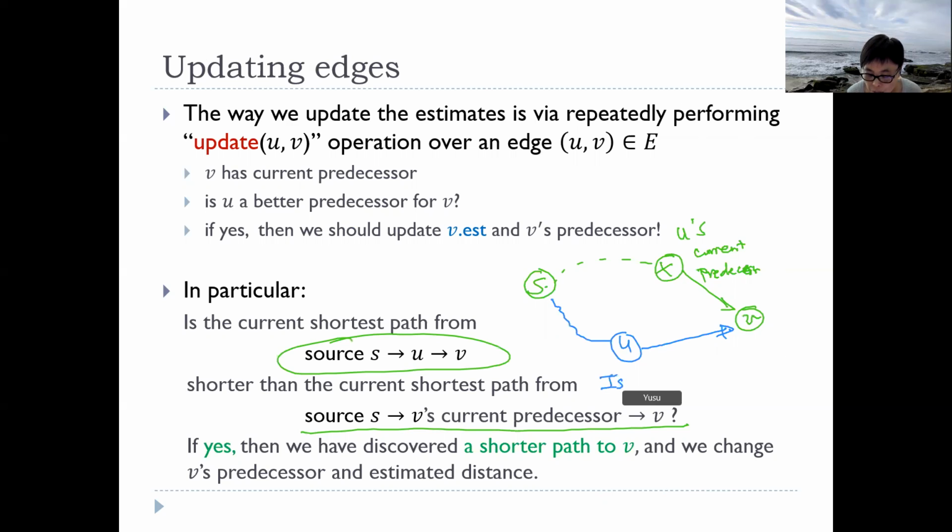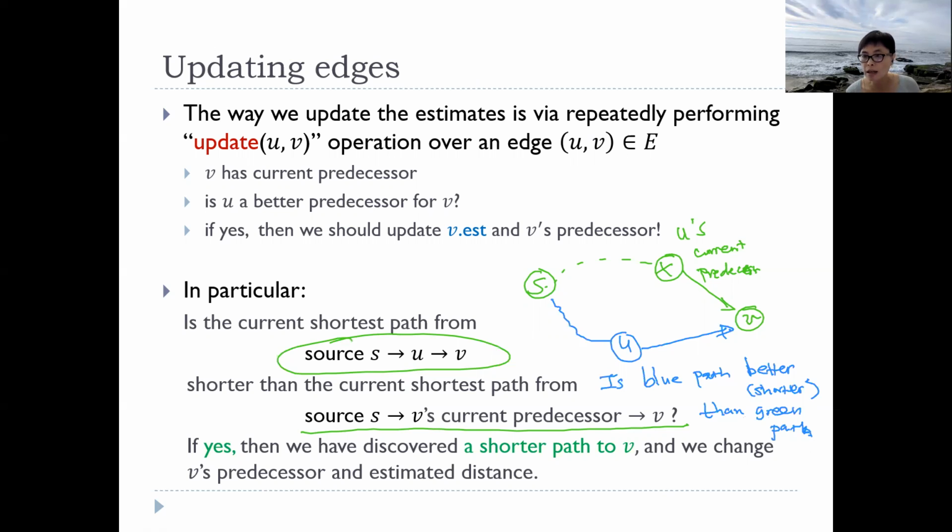So is the blue path better, meaning shorter, than the green path? Again, the green path is the current estimated shortest path from S to V.